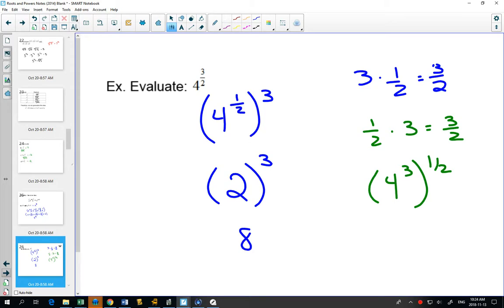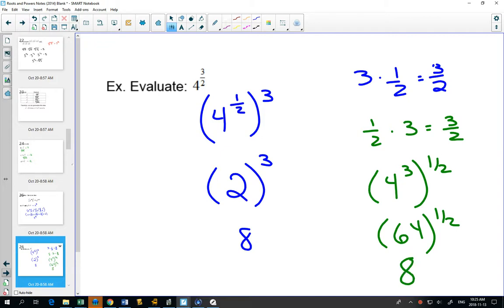Because if I do inside the brackets, what's 4 cubed? 64. And then you have 64 to the 1/2, which is square root of 64, 8. We get the same answer. That was a little scary.